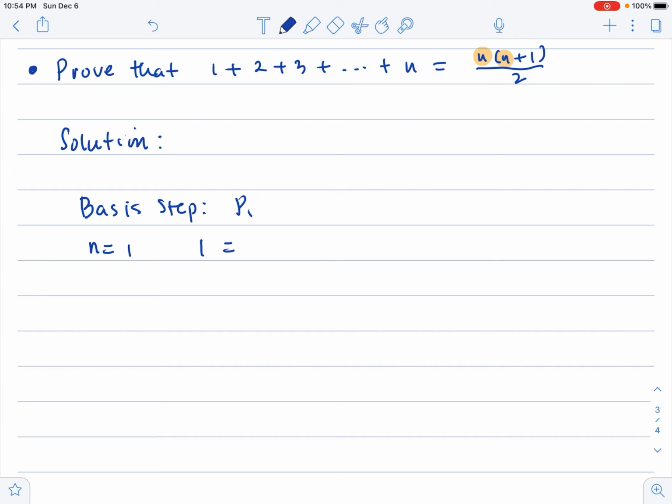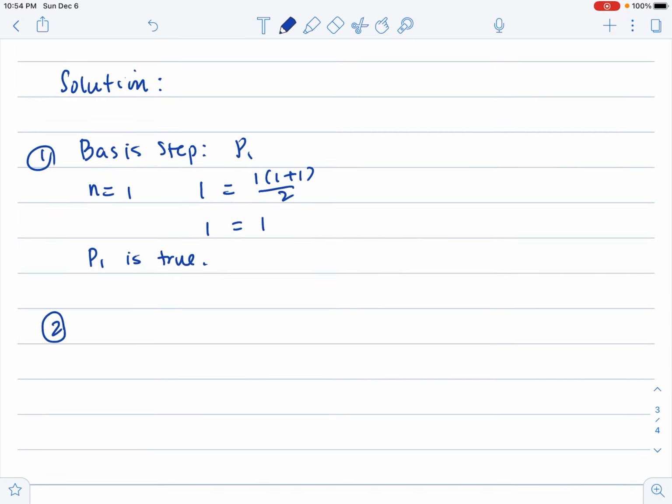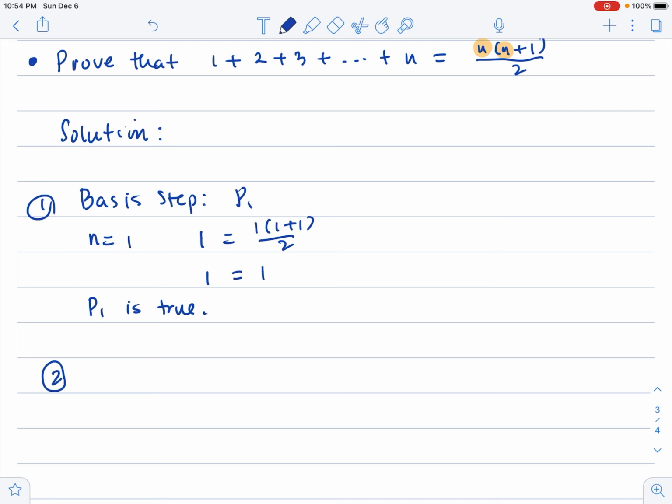So that is equal to 1 times 1 plus 1 divided by 2 if we substitute. Calculating the right-hand side, we can easily see that 1 is equal to 1. So ibig sabihin, P sub 1 is true. Yung number 1 natin.